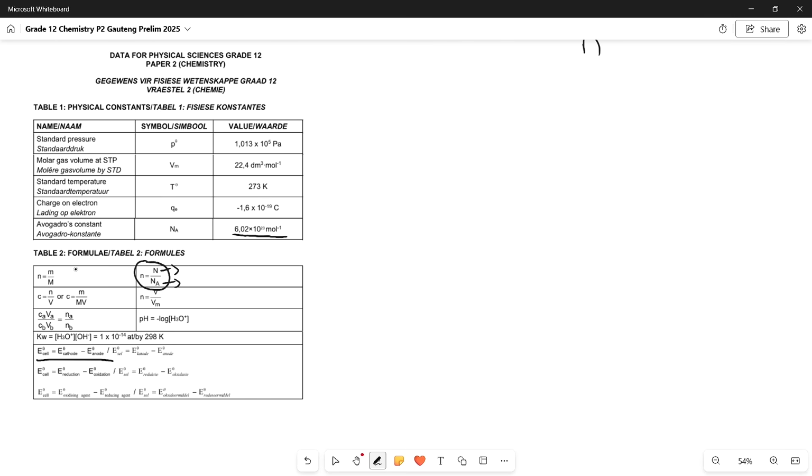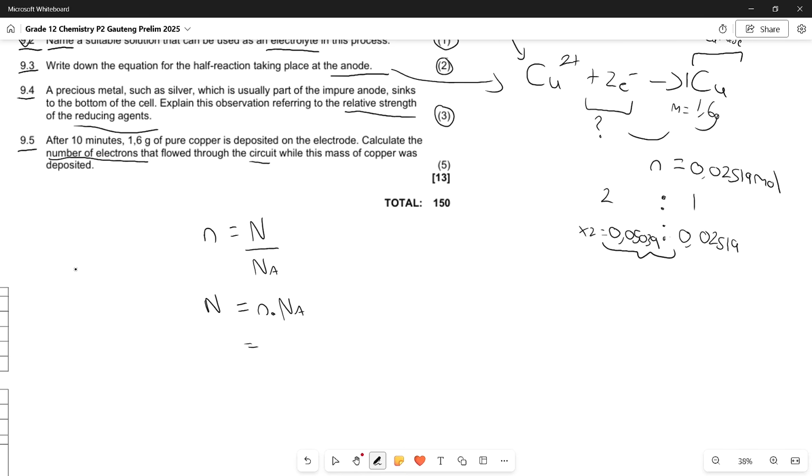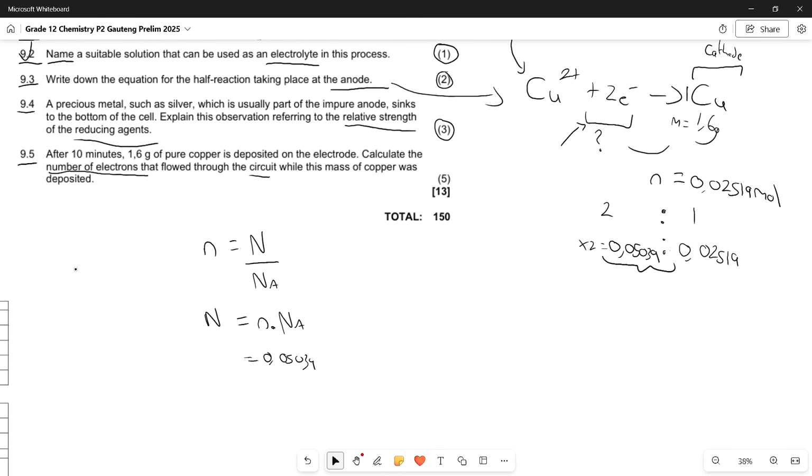So we can just go ahead and rewrite this formula where we have n = N over NA, and if we're going to rearrange it, we want capital N by itself, so we have the moles multiplied by Avogadro's constant. The moles that we just calculated was the 0.05039 that we have for the amount of electrons after we did our molar ratio, and then Avogadro's constant on our formula sheet is 6.02 times 10 to the 23.